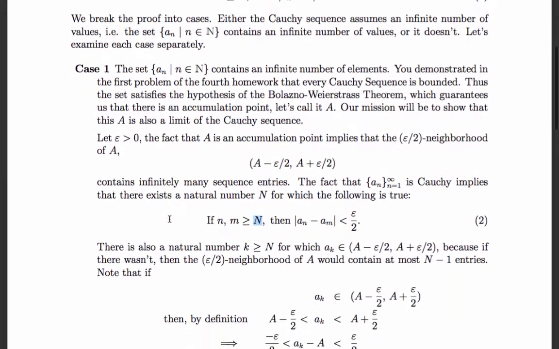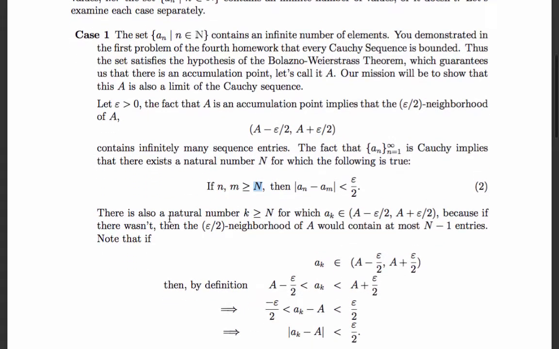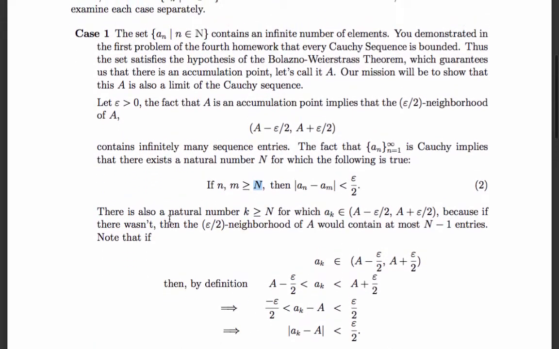Now, there's also a natural number k that's greater than N, specifically, for which a_k is contained in the epsilon over 2 neighborhood of A. Well, how do I know that's true? Well, remember, I know that this neighborhood contains infinitely many points.